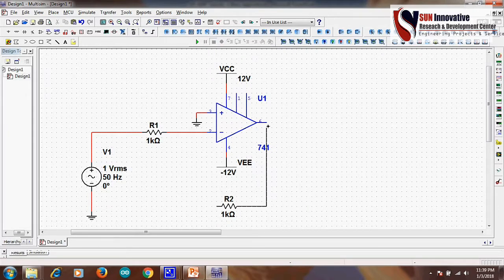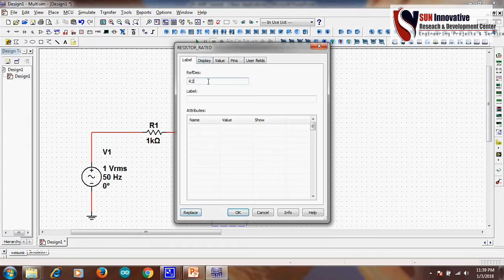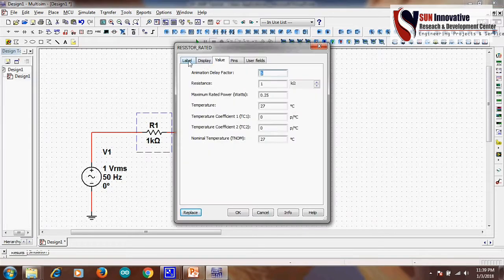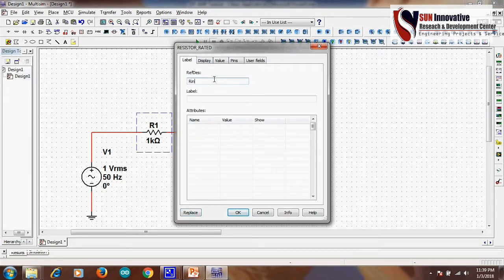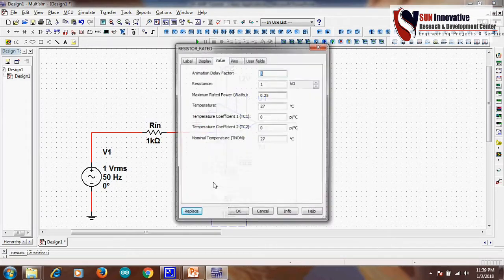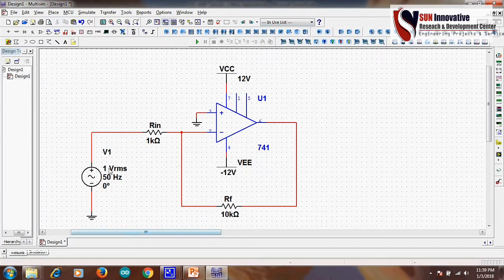Now this is the feedback resistance I will connect here, and it is given to the negative input of the op-amp, and I will change the label name to Rf, feedback resistance, and this is the input resistance. So now I will change the values also. I will set the input resistance to 1 kilo ohm and the feedback resistance to 10 kilo ohm. So the output voltage will be 10 times the input voltage according to the equation.